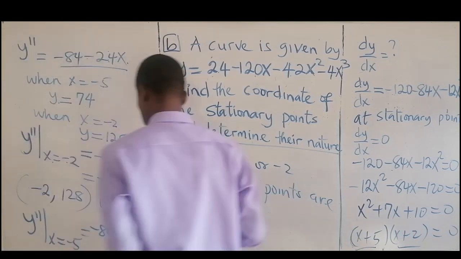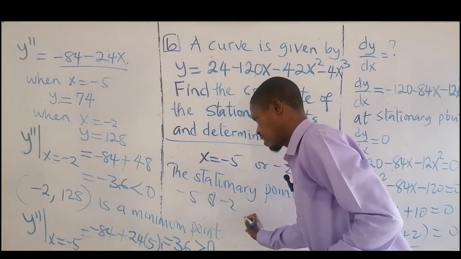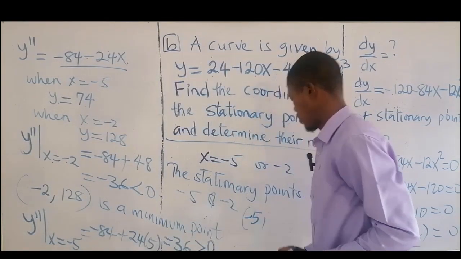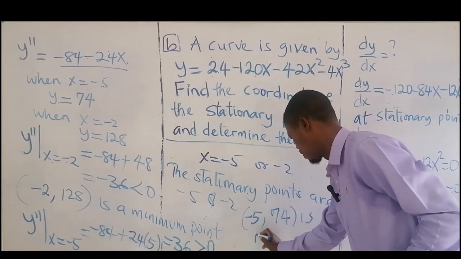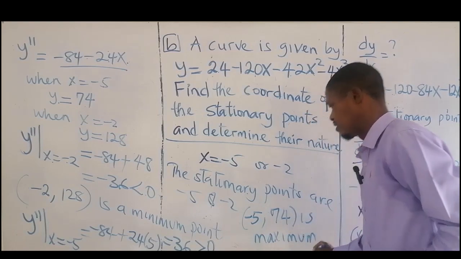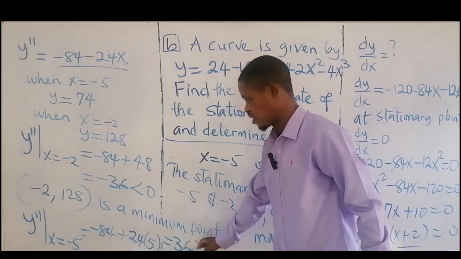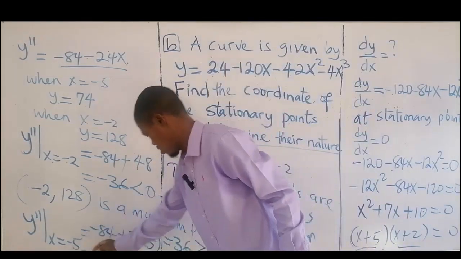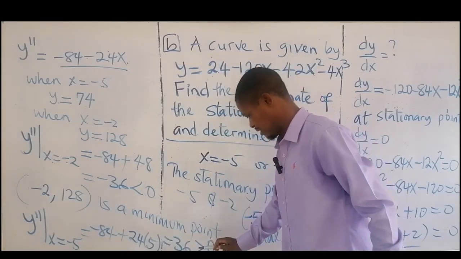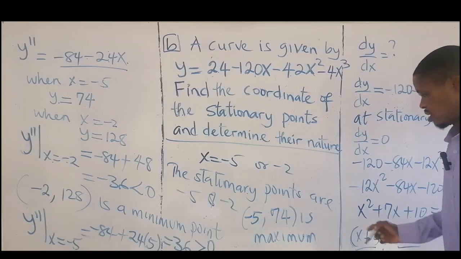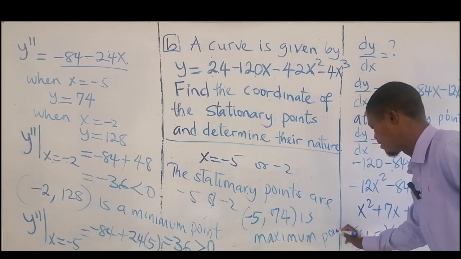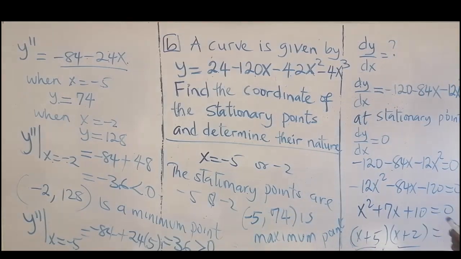So we can make a conclusion that that point, when x is minus 5, y is 74. This point is a maximum point. When your second differential at that particular point is positive, greater than 0, that point is a maximum point. So that is the nature of the curve.